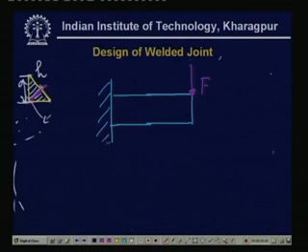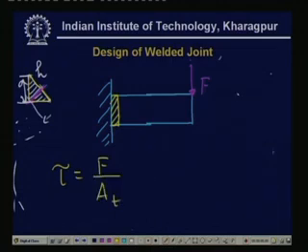Let us consider a cantilever beam where the welding is done over this part. Now what will happen here? Here you will have the direct shear stress first. So this tau will be equal to F divided by A T. Remember, if we look from this side, the weld metals are on these two sides.